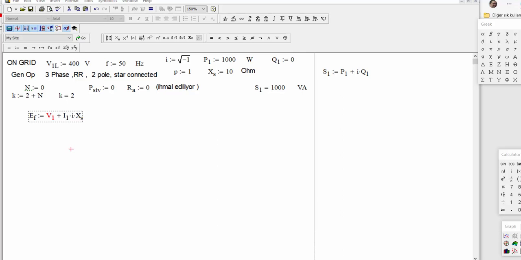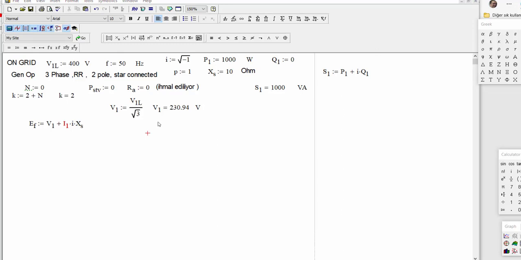Since the machine is connected star, we can write single phase voltage by dividing line to line voltage by square root of 3. So we can easily calculate single phase voltage here, as you see. And then we don't know the current.